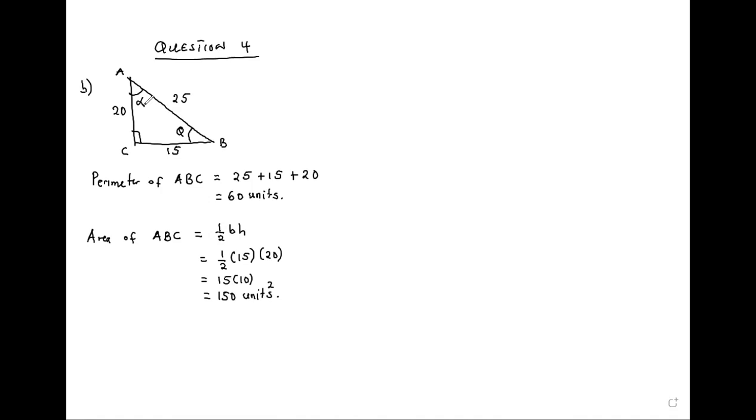So we know that A over sine A is B over sine B, which is C over sine C. That's the first thing.